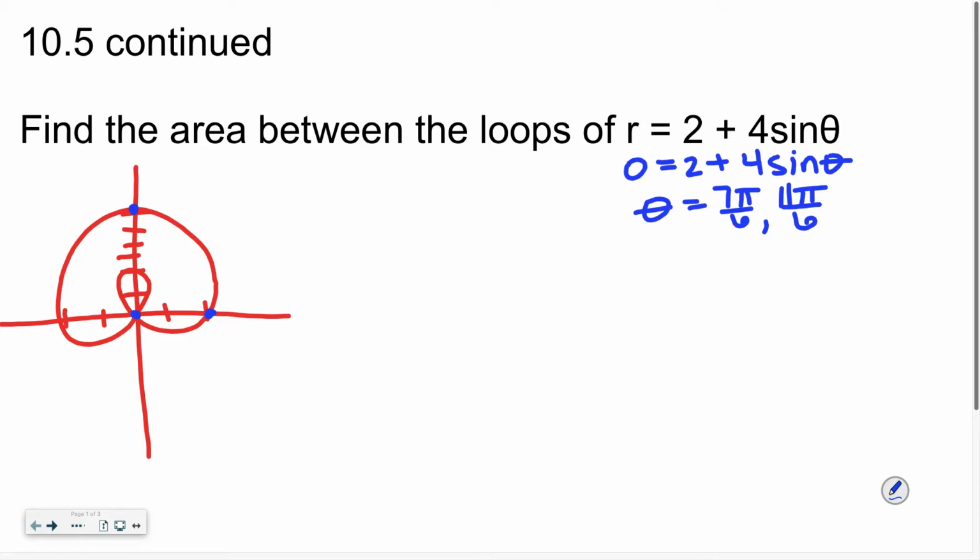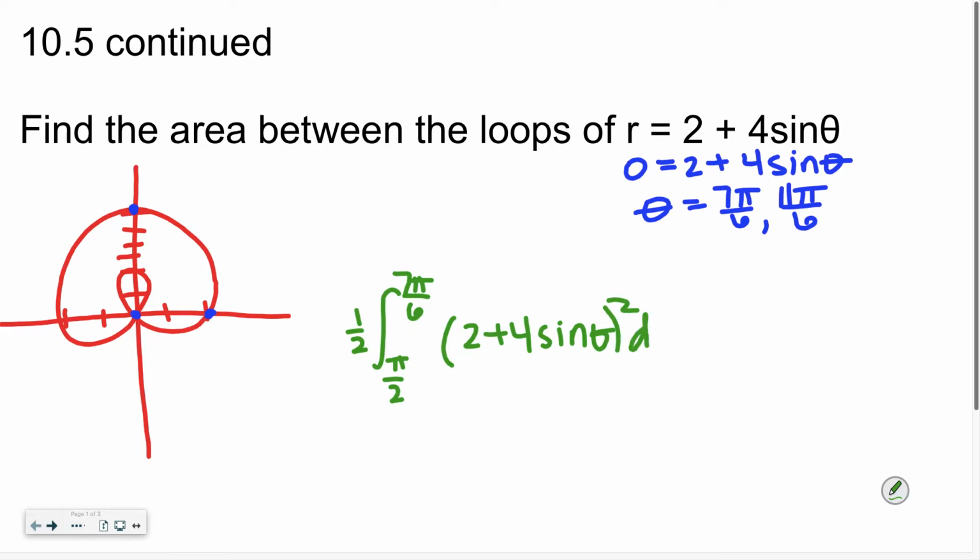Let's do things in order. Okay? So we could take 1/2 the integral from pi over 2 to 7 pi over 6 of r squared, but then we would have to double it. What area is this giving you?